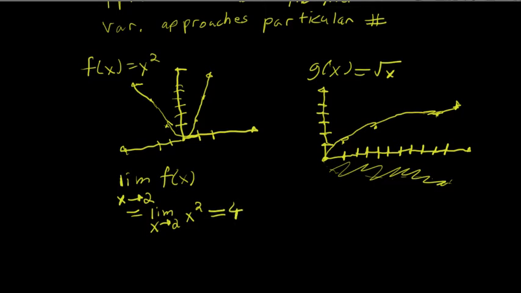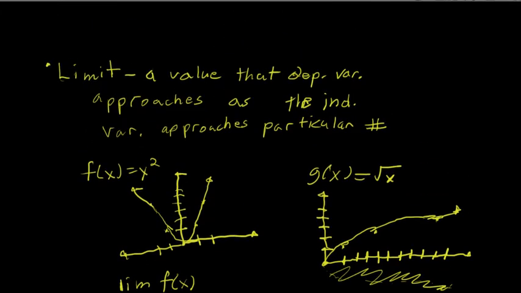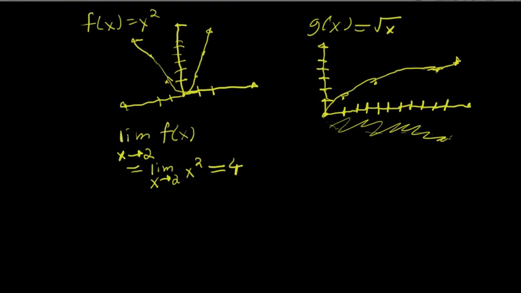So this limit is the value that the dependent variable approaches as the independent variable approaches 2. And that's exactly what I wrote up here. Okay, so bear that in mind.